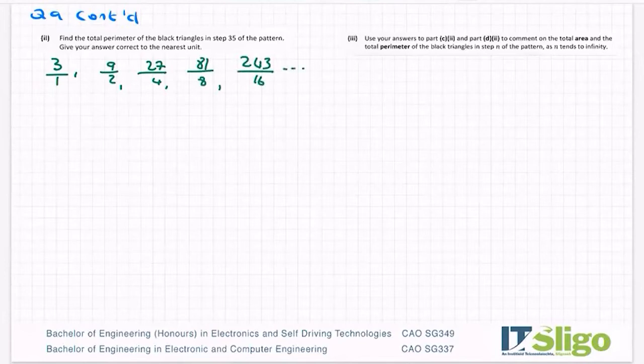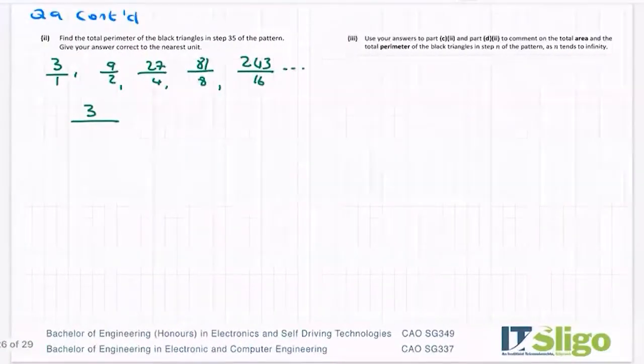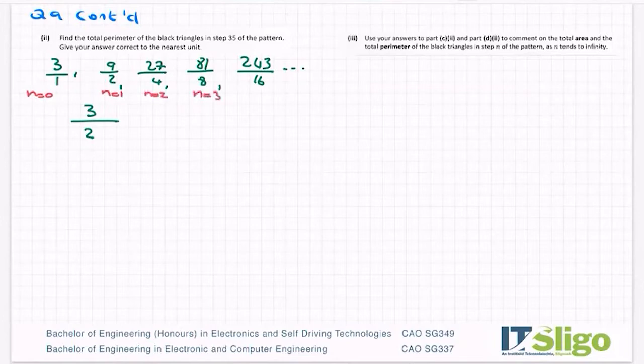Okay, so if I try and come up with the formula for this, on the top it's a 3, over 2. Here n is equal to 0, n is equal to 1, n is equal to 2, n is equal to 3, n is equal to 4.